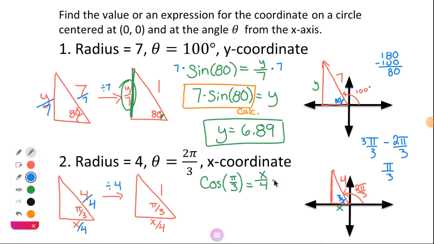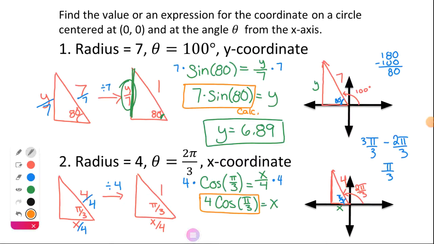From here, we're solving for x. So to get rid of the 4, we're going to multiply. We get 4 cosine of pi thirds is equal to x. And that is what we would put into our calculator right here. For this, you would need to switch to radians.